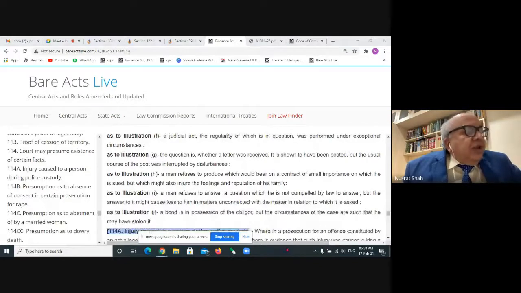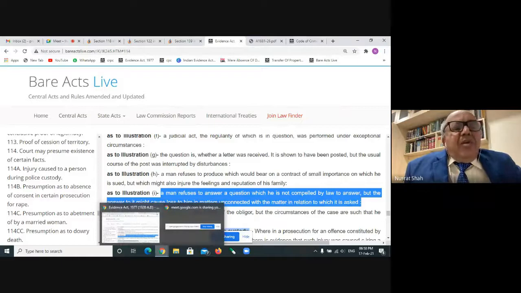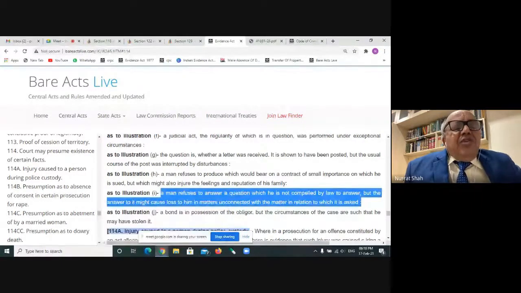I told you that here he cannot be excused if a man refuses to answer a question which he is not compelled by law to answer. If he doesn't answer the question, the court may draw an adverse inference. If he answers this, he may think that it may incriminate. In the case of a criminal, he can't be arrested. At the most, there will be a prosecution against him under 340.